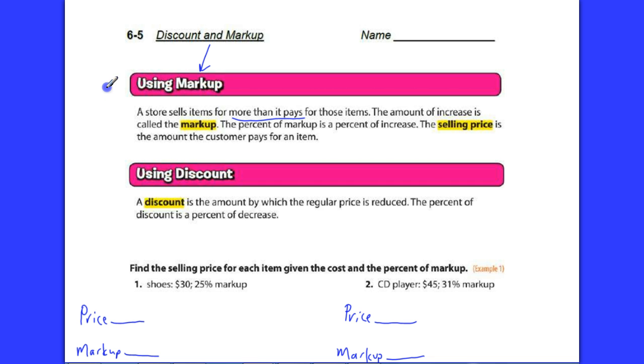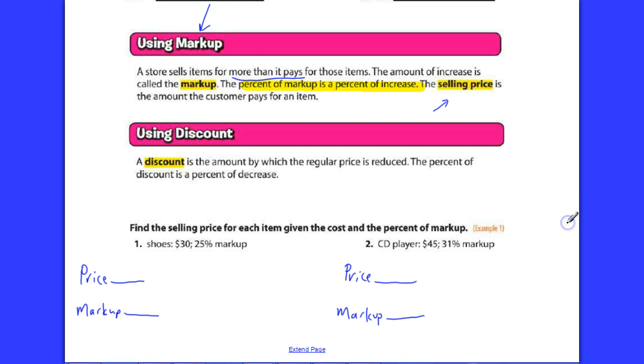Let's say they buy a shirt for $10, they have to maybe sell it for 15 so that they can make some money off of it. So typically they use a percent. There's a percent of markup or percent of increase to create the selling price. We are going to practice calculating some of those problems today.